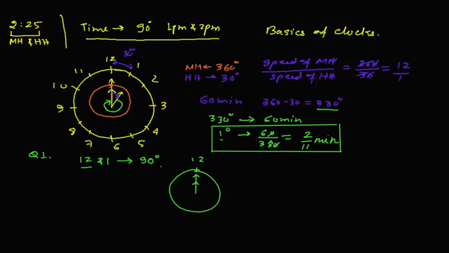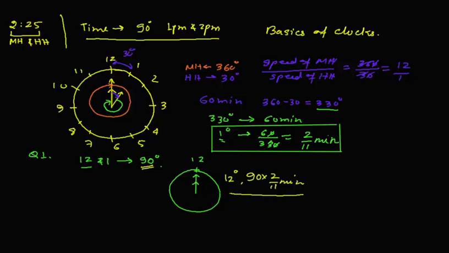Now to gain 1 degree, the minute hand will take 2 by 11 minutes. Now how much do we have to gain? 90 degrees. So to gain 90 degrees, it will take 90 into 2 by 11 minutes, and this will happen after 12 o'clock. So the first time both the hands will be at 90 degrees will be at 90 into 2 by 11 minutes past 12.